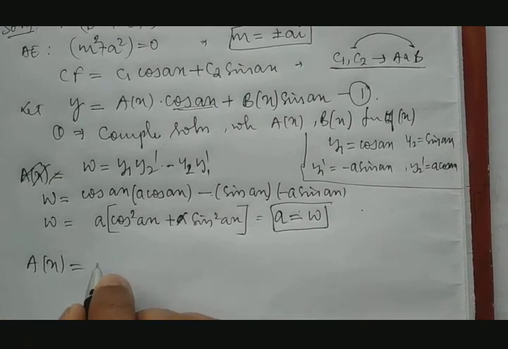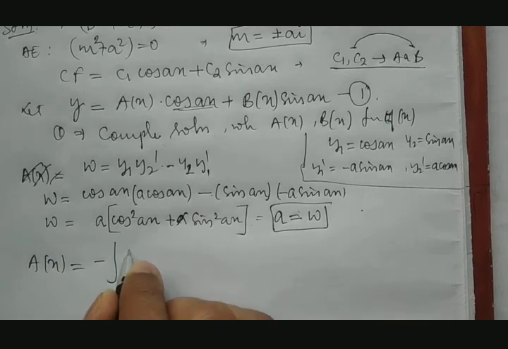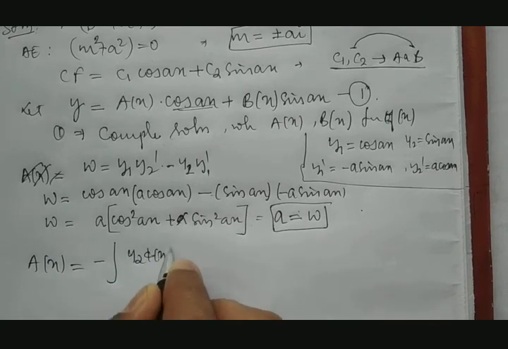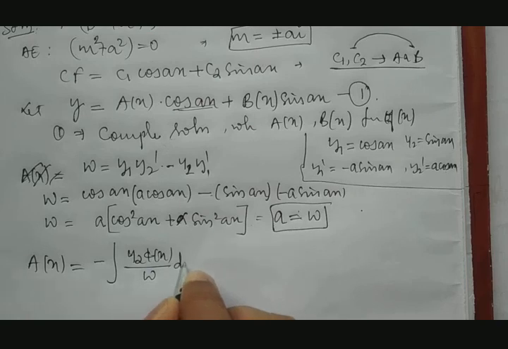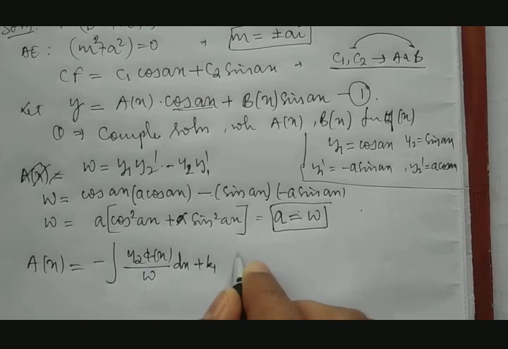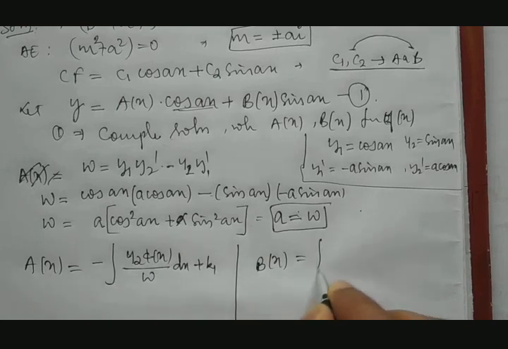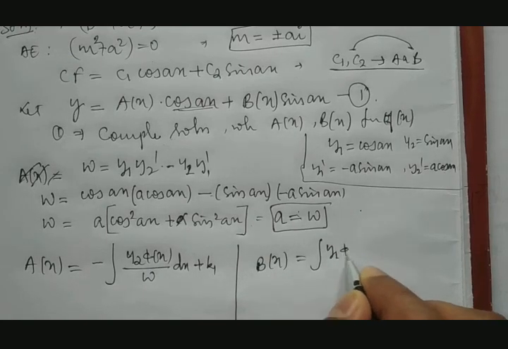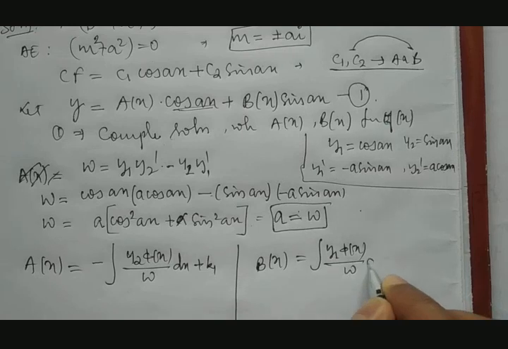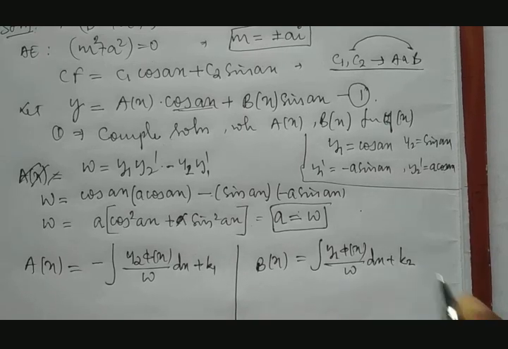The formula for A of x is minus integration of y2 into phi of x divided by W with respect to x plus k1, and B of x is equal to integration of y1 into phi of x divided by W with respect to x plus k2.